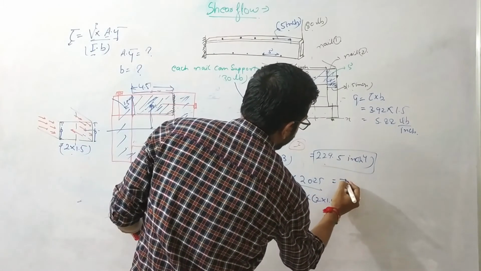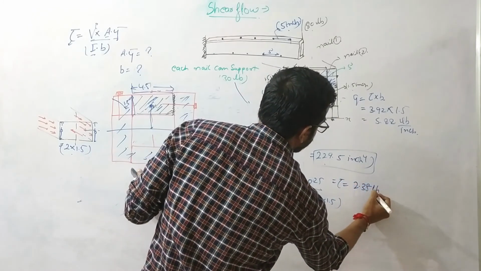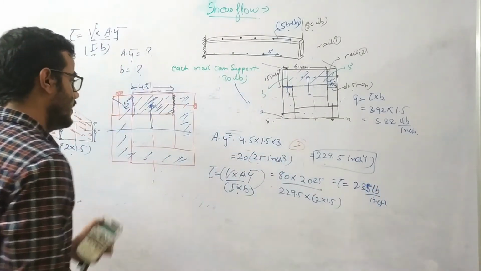So tau is coming out to be 2.35 pounds per inch square.